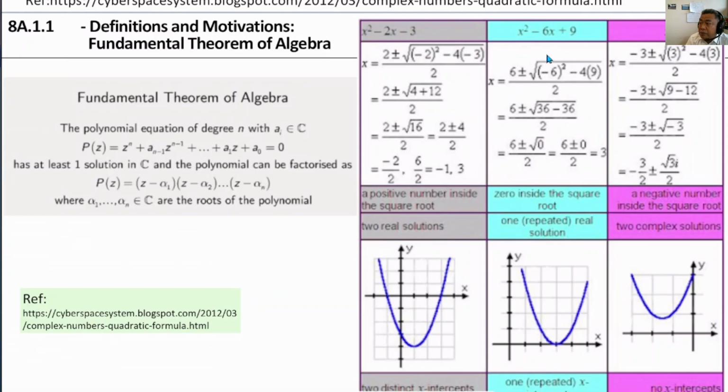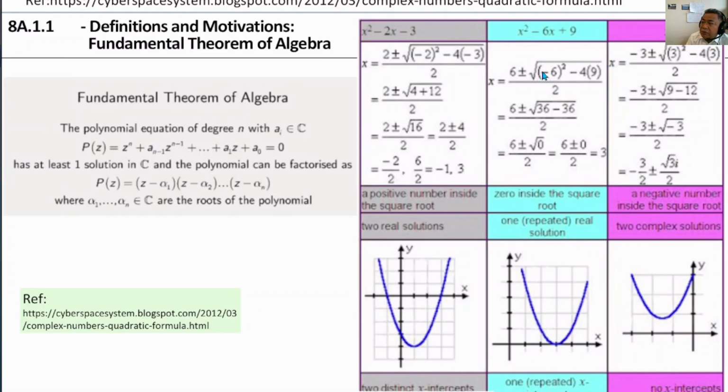Now when we change the equation a little bit, we move the curve upwards, and it only touches the horizontal axis at one point. So this is a single solution. We call it a repeated solution. Let's plug in the values and see what happens.